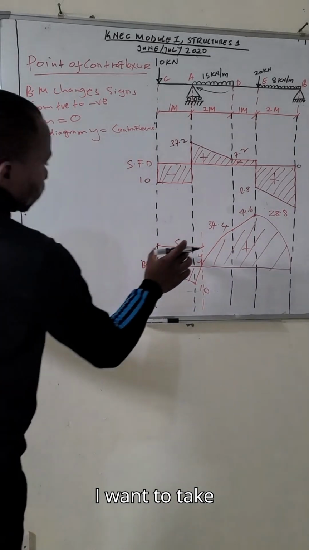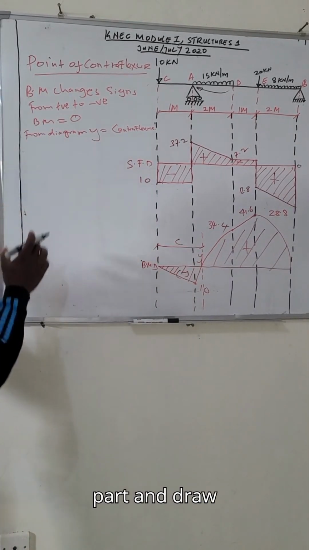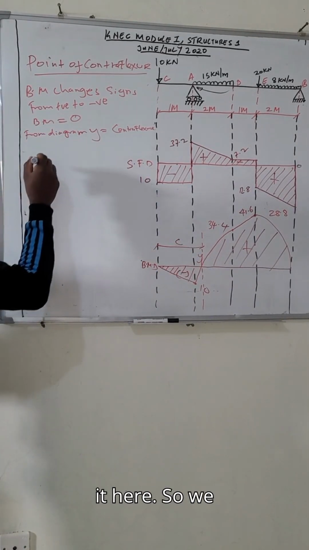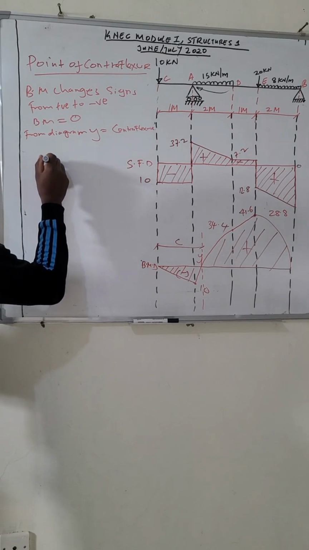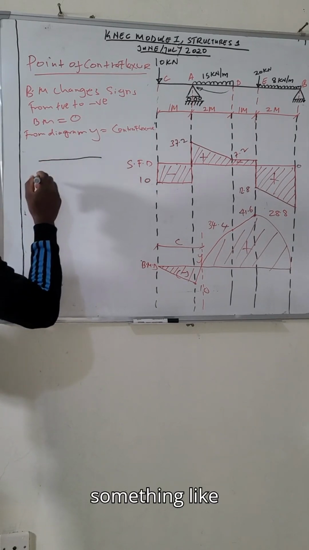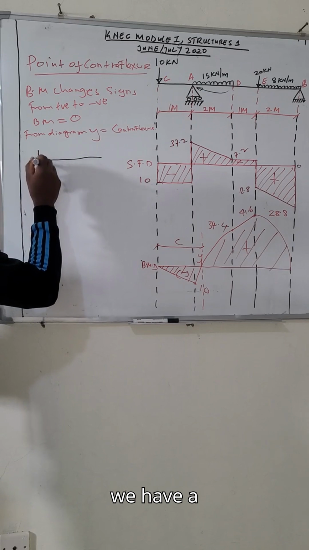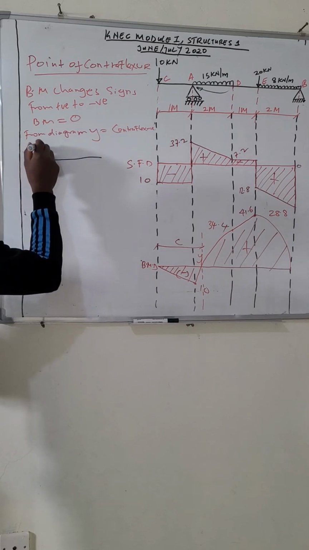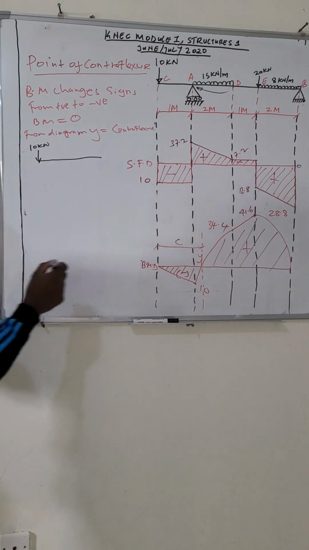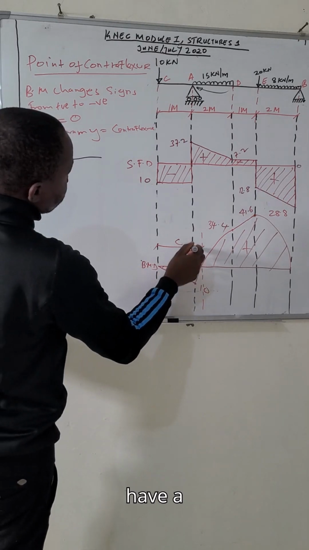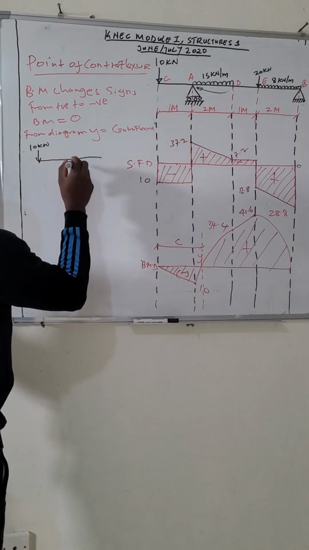I want to take this part, scoop this part, and draw it here. So we have something like this, and then we have a point load 10 kilonewton, and here we have a reaction.